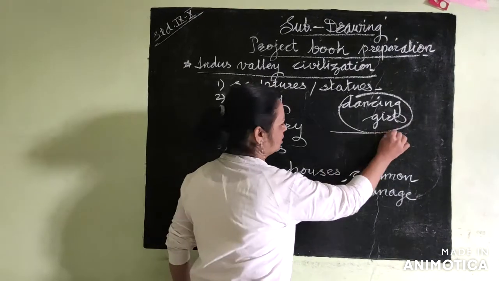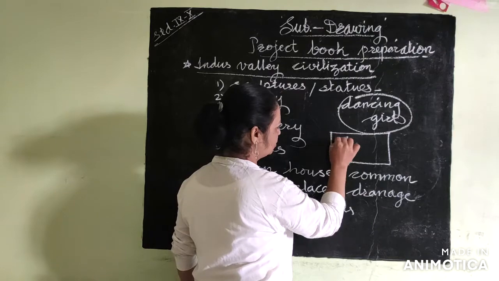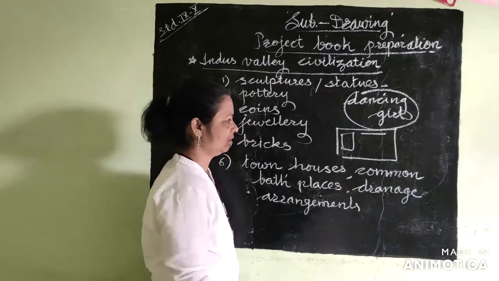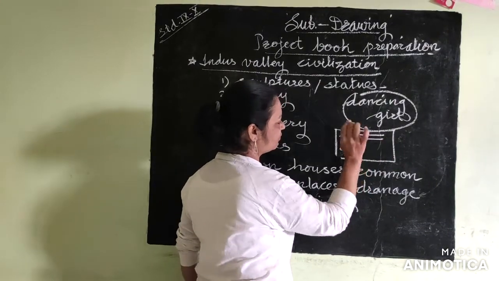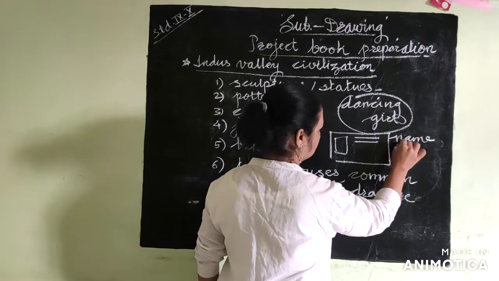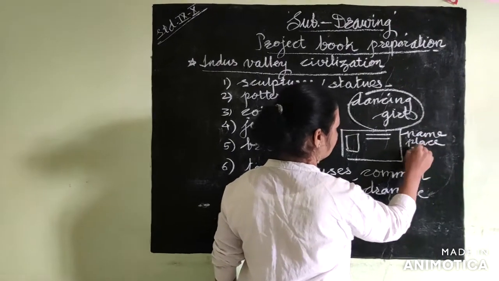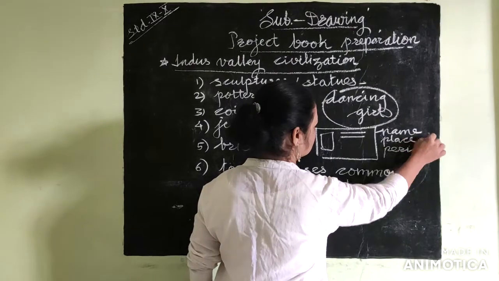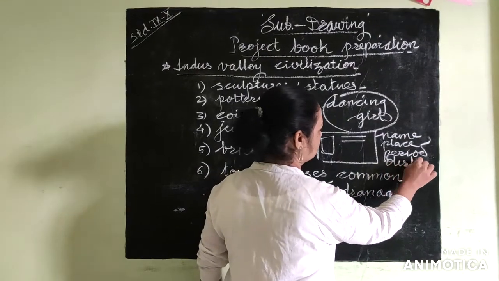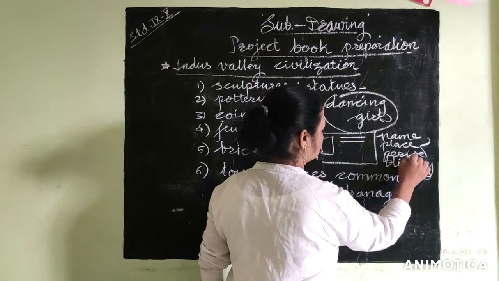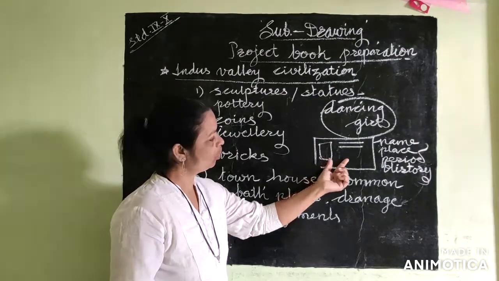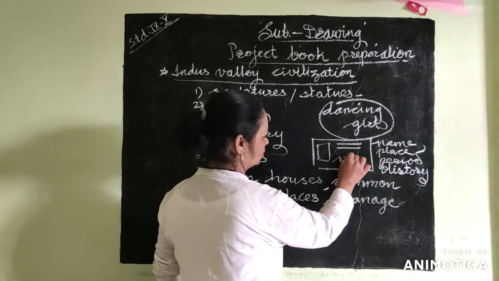Then the name of the topic, then where it is found, meaning the place, the period in which it was found, meaning the history about that particular statue. Medium also you can include.